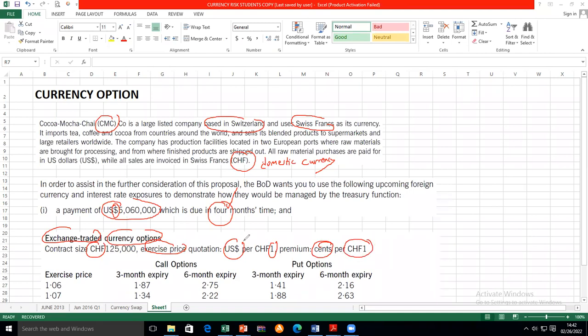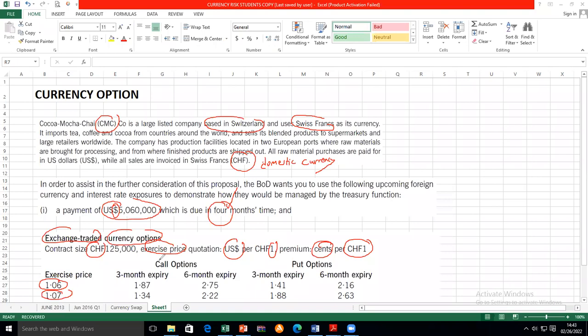So we did indicate that it's very important that we're able to check these facts. So this is the $1.06, $1.07, and these here are cents.